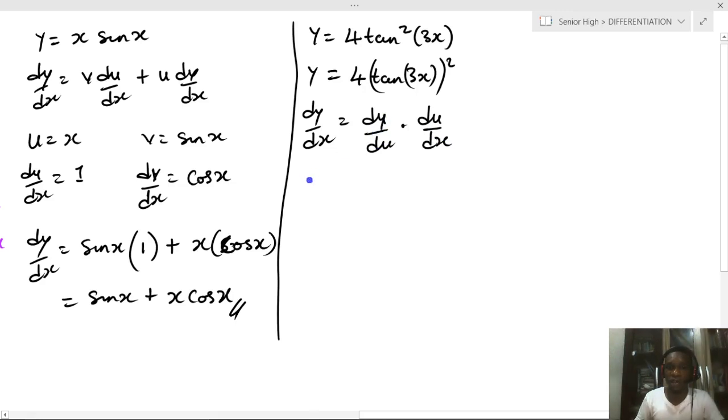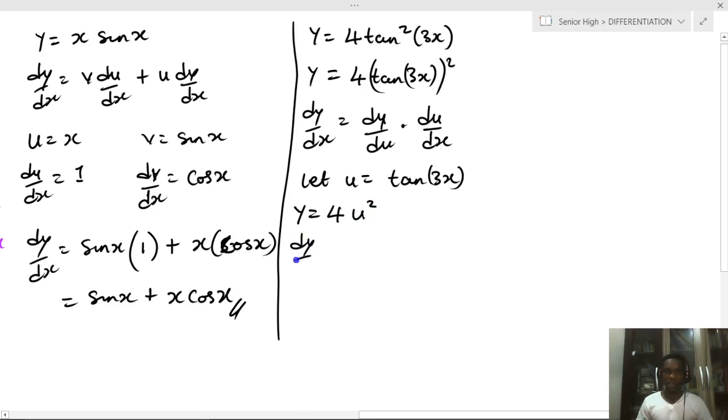So let u be equal to tan 3x. So our u is the value inside. Then our y in this case will be equal to 4u raised to power 2.